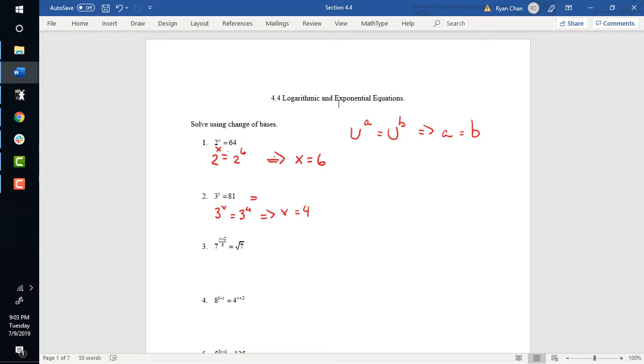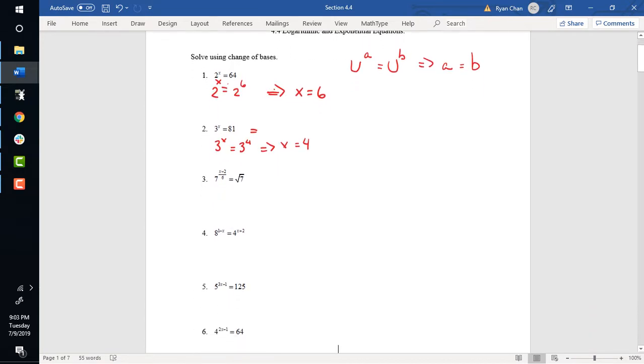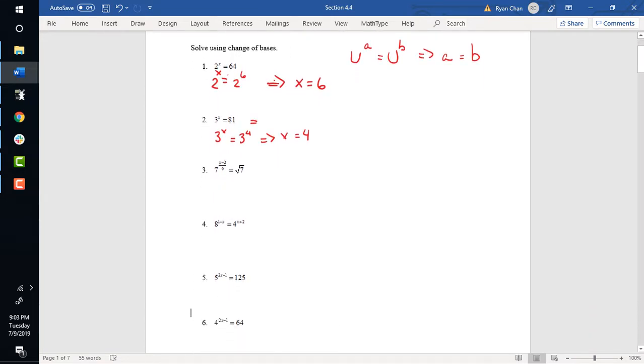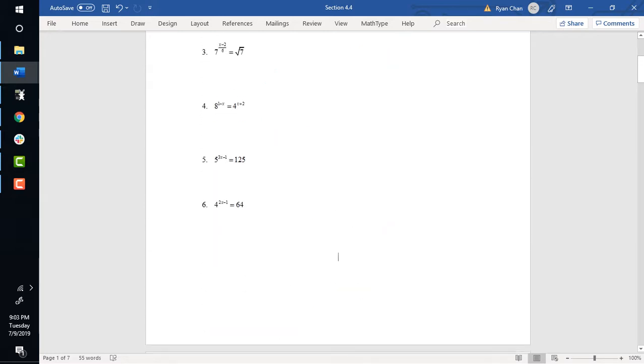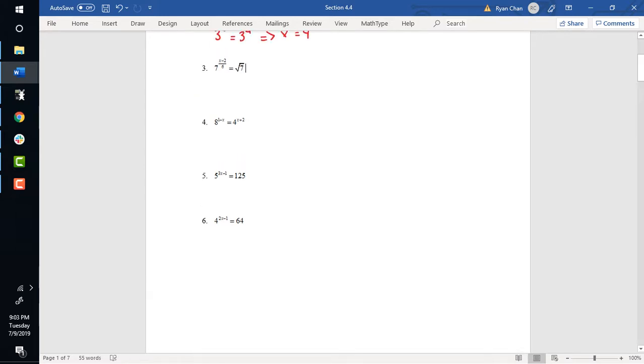Now, as you can see with some of the problems towards the end of this page, some of these can get pretty tricky. So for example, let me look at number 4.